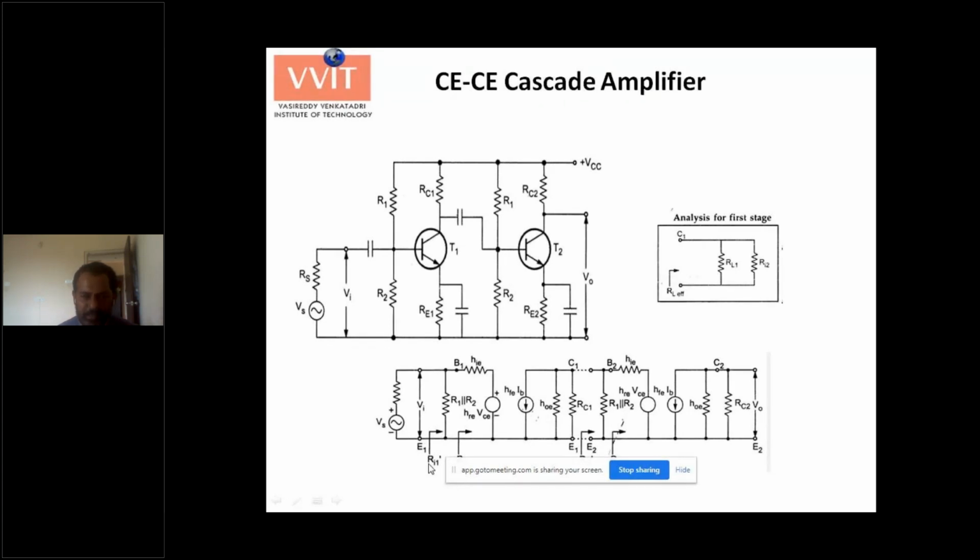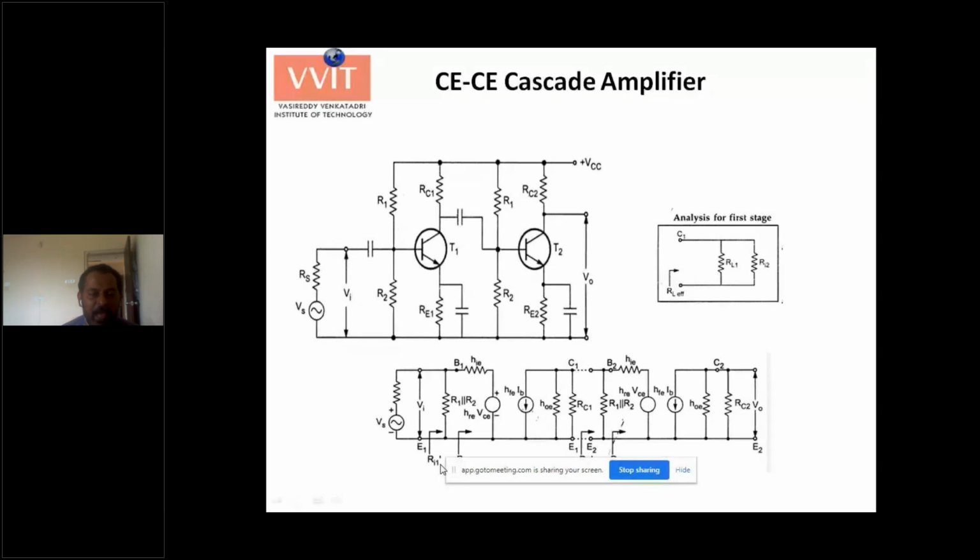Now this is the total picture. You may be asked to find the overall current gain, overall voltage gain, overall input resistance, overall output resistance. What is overall output resistance? For this entire combination, this is where I apply my input signal. So once you look in between these two terminals, you find the resistance known as the overall input resistance.